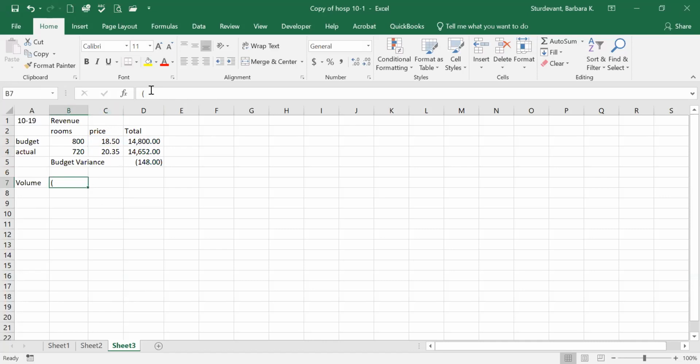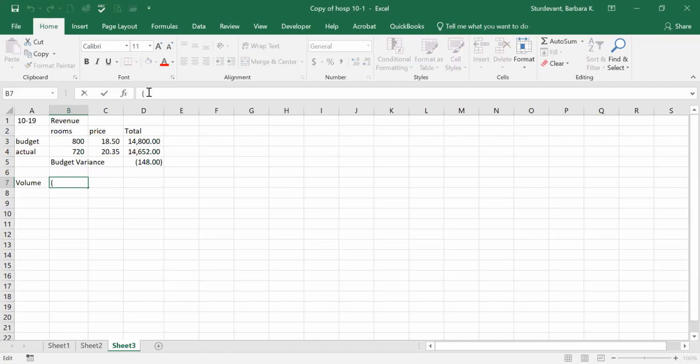We're going to take the 20.35 and subtract the 18.50. Oh, wait a minute. Here I tell you, and then I do it wrong. We're doing volume. Somebody should have corrected me. Okay, we're doing volume, so we're doing these two numbers right here. In the parentheses is volume.